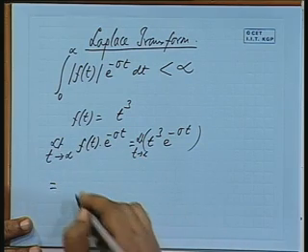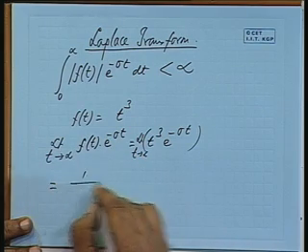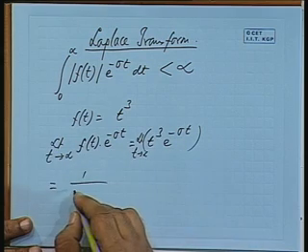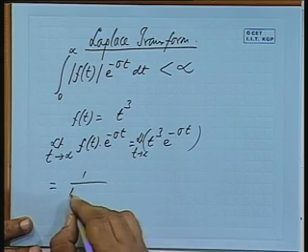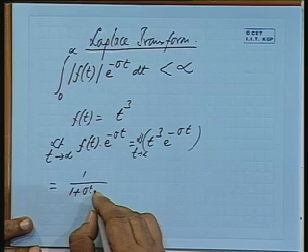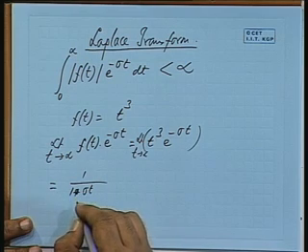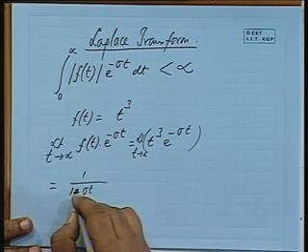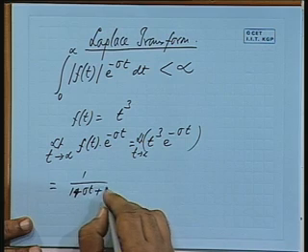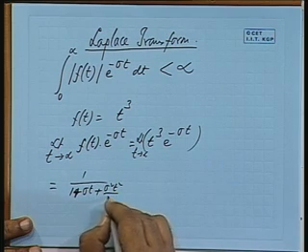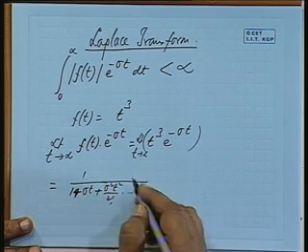So, what will be the limit? I can write e to the power sigma t as 1 plus sigma t plus sigma squared t squared by factorial 2 and so on, and 1 by that.